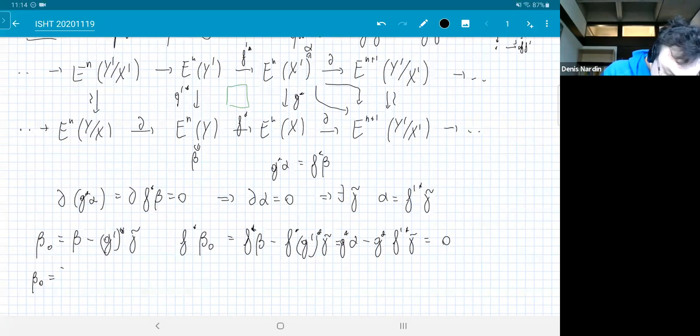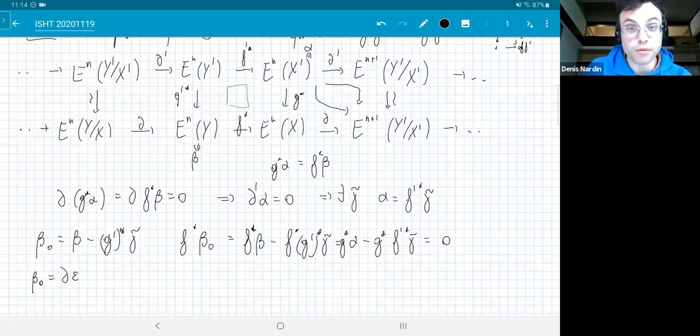And then beta 0 is delta, and actually let me call it delta prime. Just to make sure, beta 0 is delta prime of some, what am I going to call this? Epsilon. But epsilon, remember you can lift it upstairs, since that is also an isomorphism.